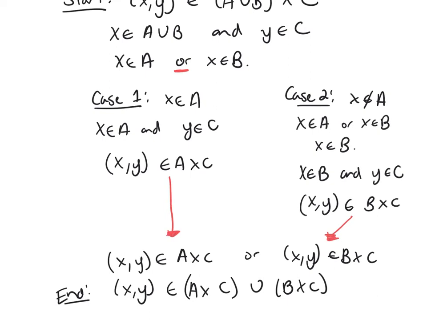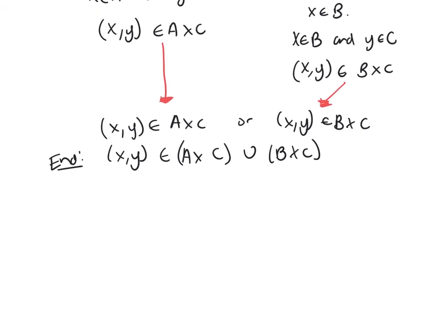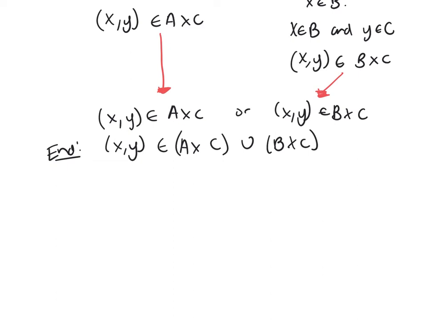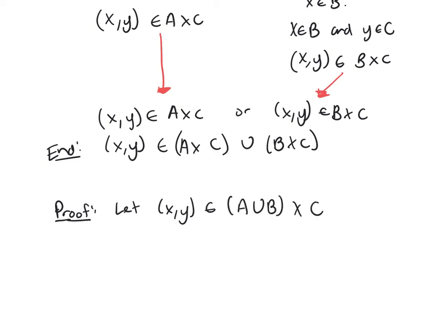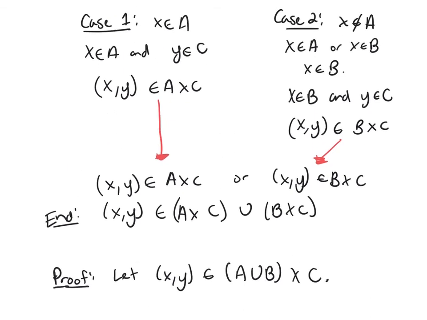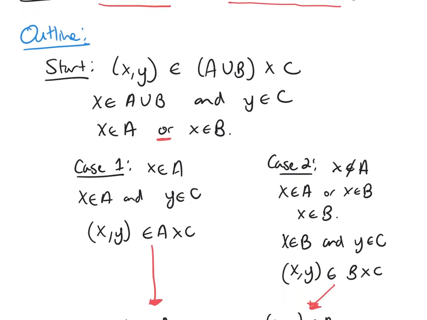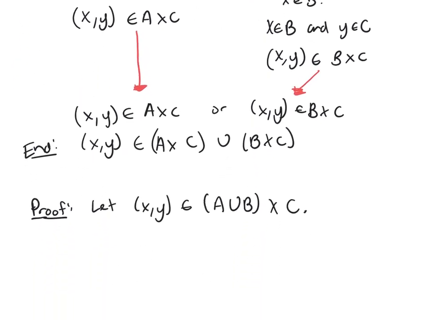Okay, so we've completed the outline of the proof, and now we just need to write the formal proof. Let's suppose that xy is in A union B cross C. And as you're writing this, make sure you go back and reference your outline.